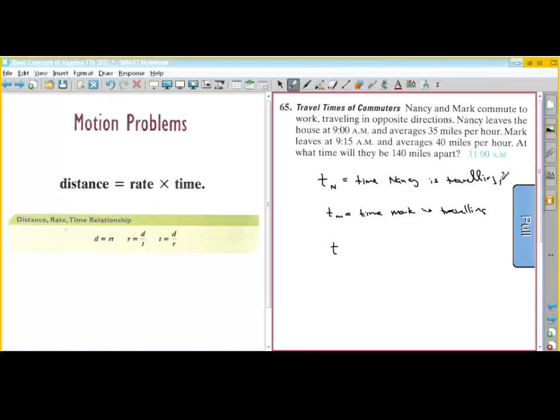And these are in hours, so you have to say what kind of units they are, so they're hours.